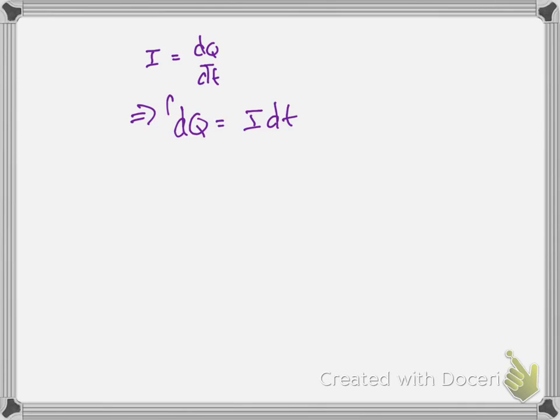And what that does, if we integrate both sides, that tells us the total charge that passes through a certain area in a certain amount of time. So we could go ahead and integrate from 0 to t and find that the total charge is the integral of the current times dt. So for example, if I pass a current of 3 amps. What's a big current and what's a small current?